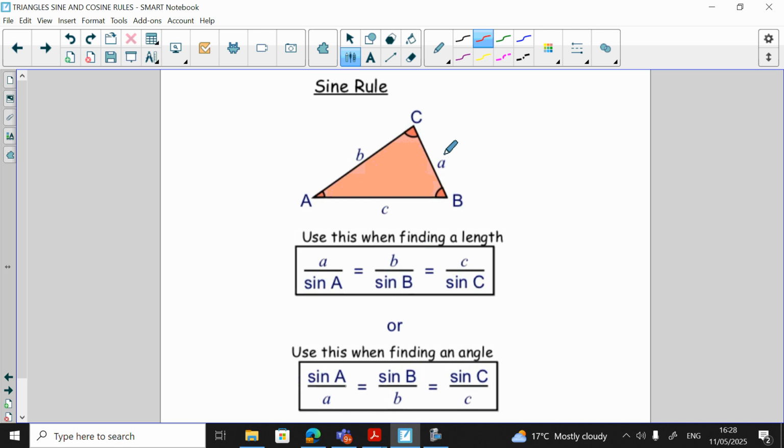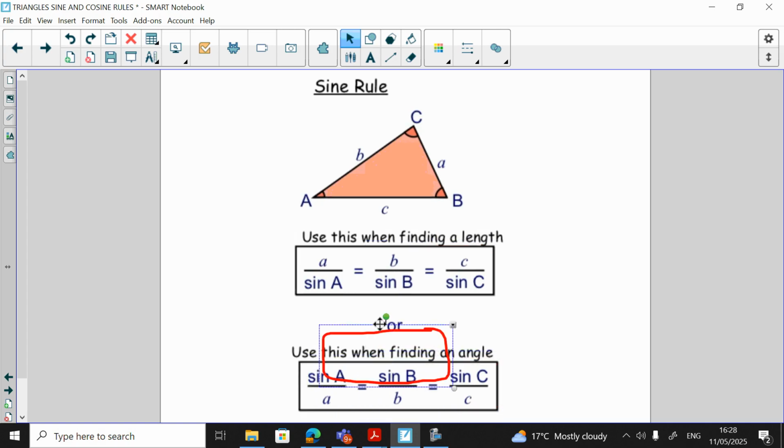But the thing is, because we only need 2 parts, it doesn't matter what letters you use. You could use that. You could use that. If it's the angle you're looking for, use that version, or you can compare these. It doesn't matter. Right? It doesn't really matter.